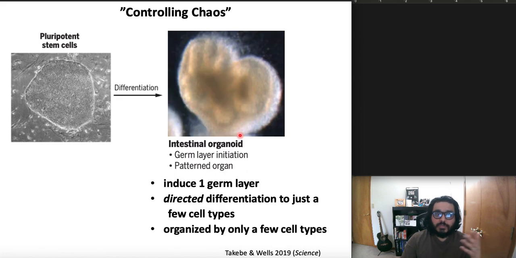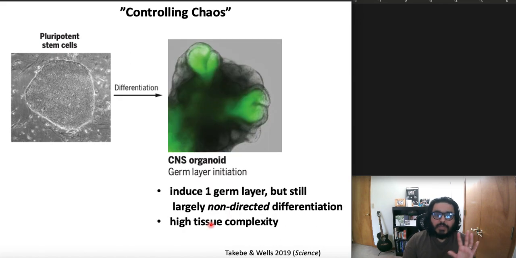Most organoid research, as I'll talk about, fits in this range here, where it's relatively simple, just a few cell types so far. That way, because this is where we can still control things and understand things a little bit better, manipulate things a little bit, and less so this level of complexity of non-direct differentiation.